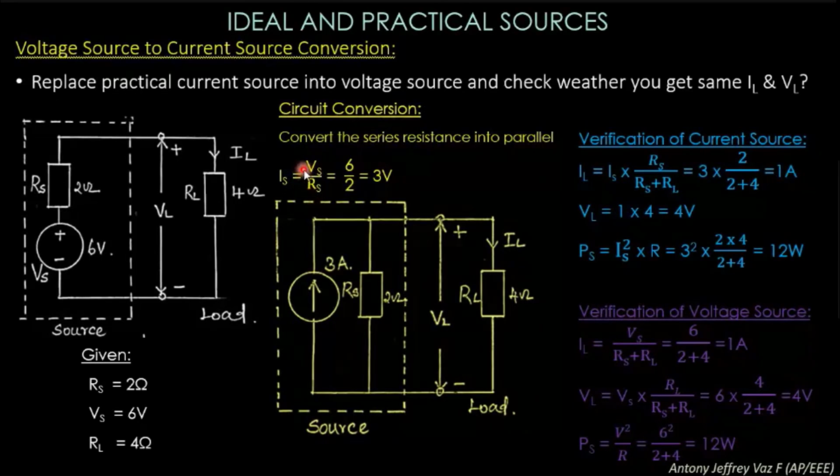Vs is equal to 6 volt and Rs is equal to 2 ohms. The load resistance is 4 ohm. So we are just substituting all the values. Now we are getting a value of 3 amperes.